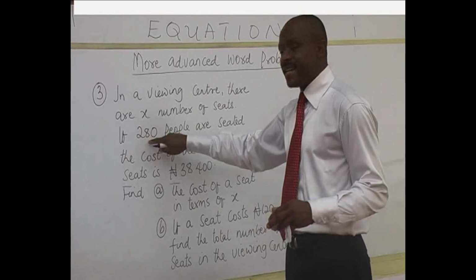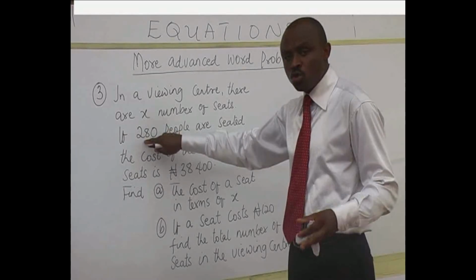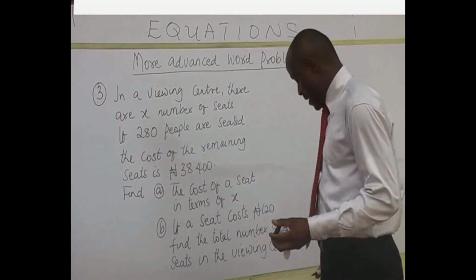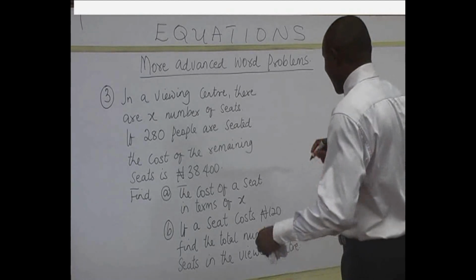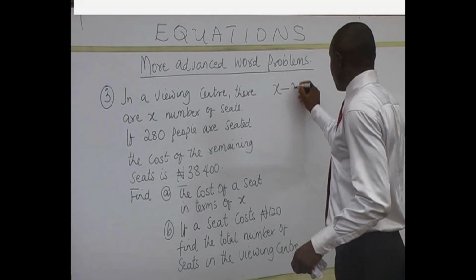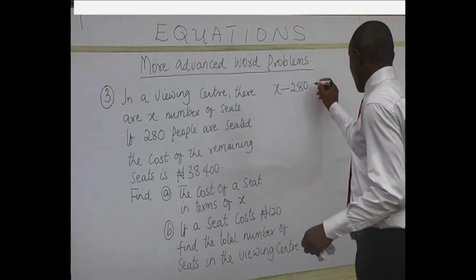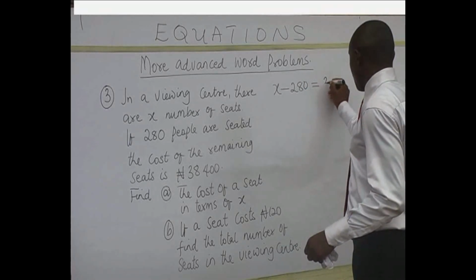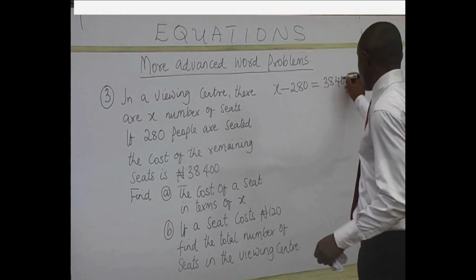If 280 are seated, the remaining is X minus 280. That means X minus 280 is equal to 38,400.